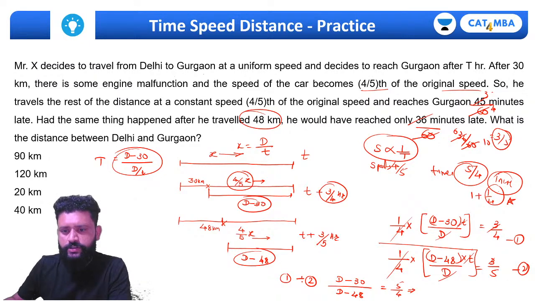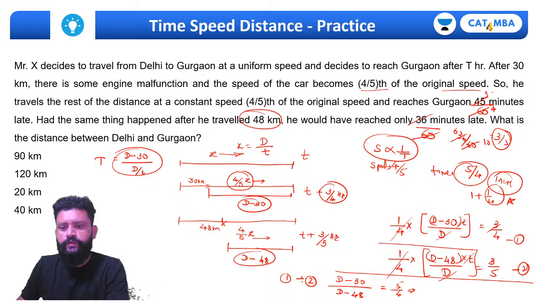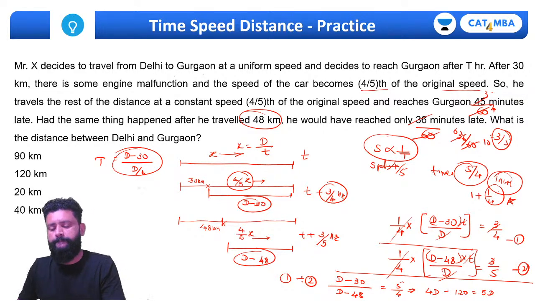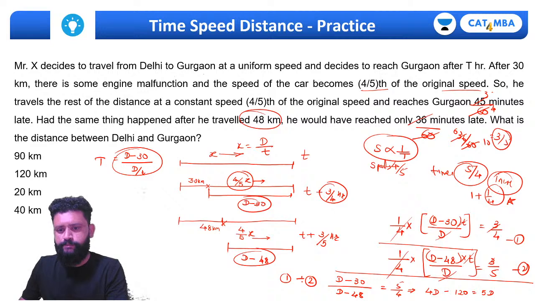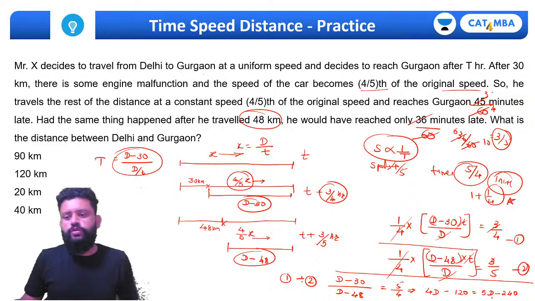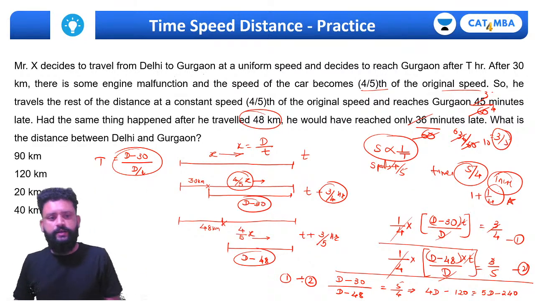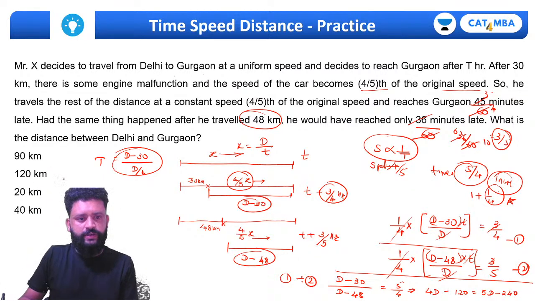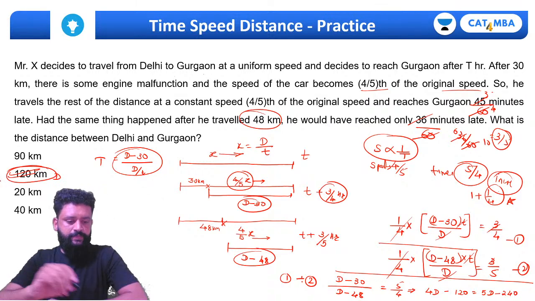So if you solve this equation, we get 4d minus 120 equals 5d minus 240, and d comes out to be 120 kilometers. As simple as that.